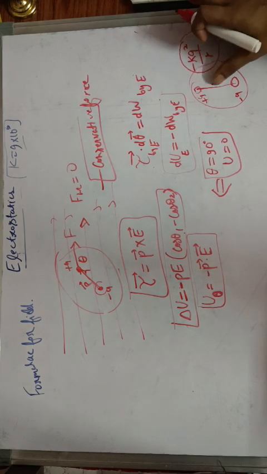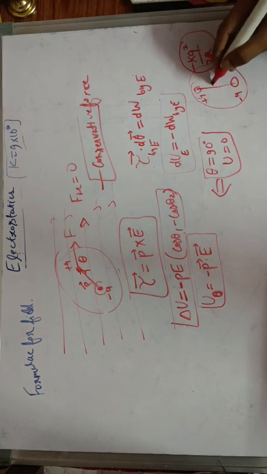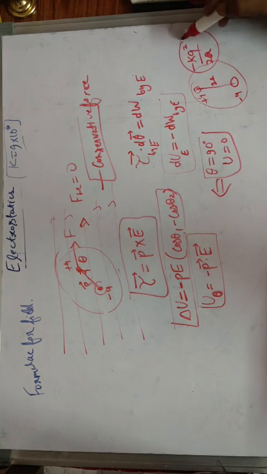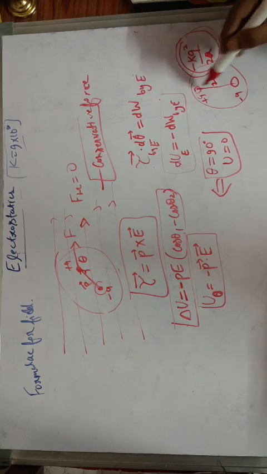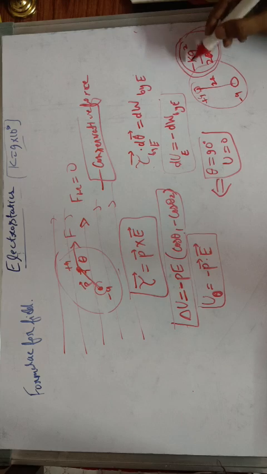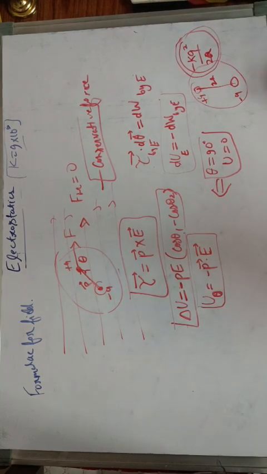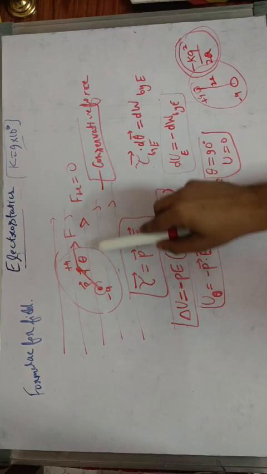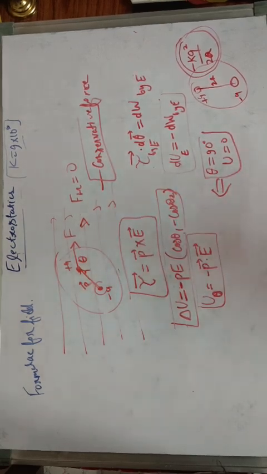If their length between them is 2a, there is some fixed potential energy of the dipole itself, which is minus kq square by 2a. And there is some potential energy due to the electric field outside also. So these are few things.